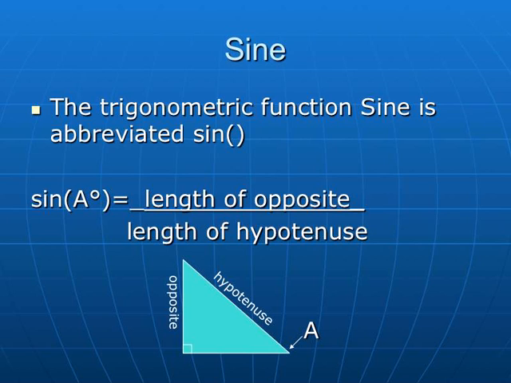Y'all agree that if angle A is 30 degrees, then we just said that the opposite side is always half the hypotenuse. So what's the sine of 30? That over the what? Well, if it's half over 1, then it would be half. So the sine of 30 is half, because if you have a 30-degree angle, then we know that the opposite side is always half the hypotenuse.